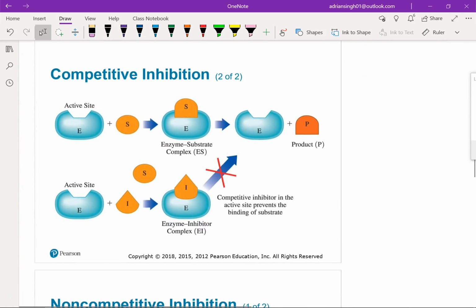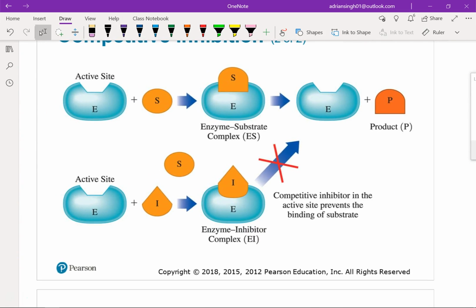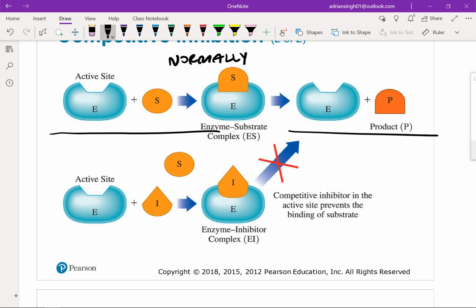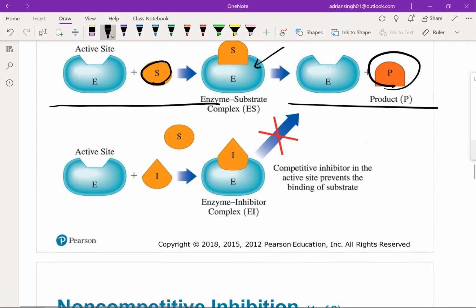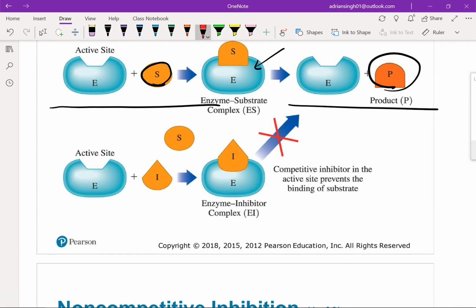All right, so competitive inhibition, there's our active site of our enzyme in both cases. So normally, this is what we would expect to happen on top. So normally, right, your substrate comes in, binds to the active site, forms your enzyme substrate complex, enzyme does its thing, releases the product, and then it can do this over and over again. On the bottom now is what would happen if there's an inhibitor present. So you'll notice that the substrate and the inhibitor resemble each other in terms of their shape, right?